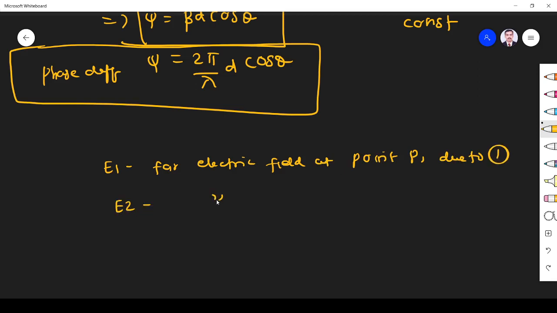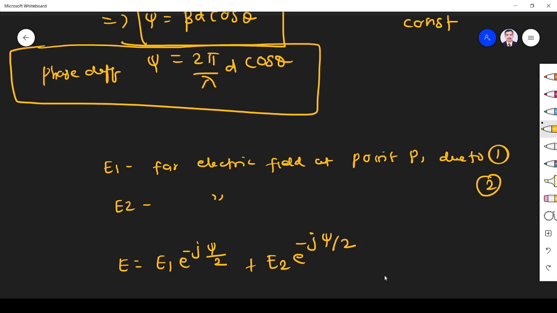Similarly, E2 is the electric field at point P due to point source 2. Fine. So what is the total electric field? Total electric field is written as E is equal to E1 e power minus j psi by 2 plus E2 e power plus j psi by 2.